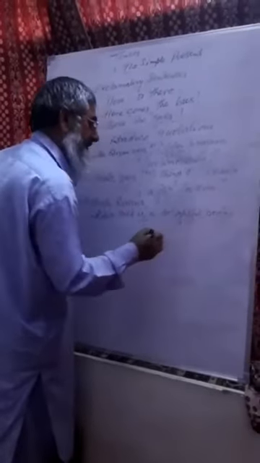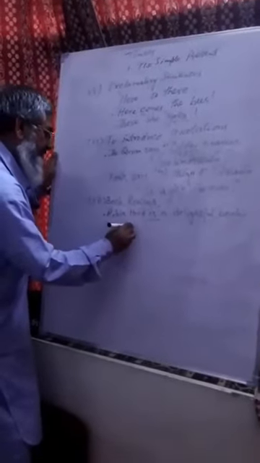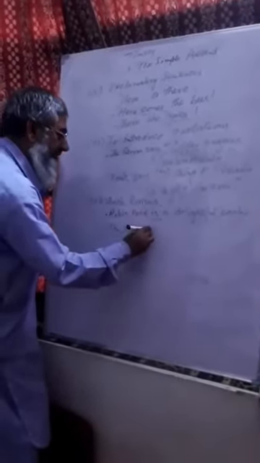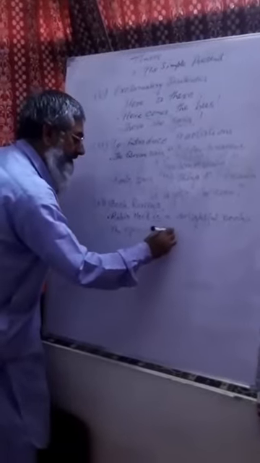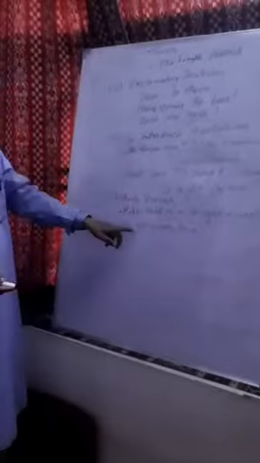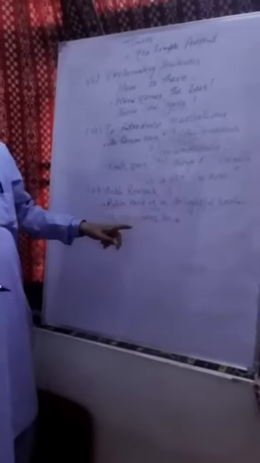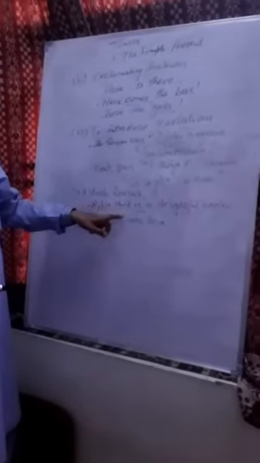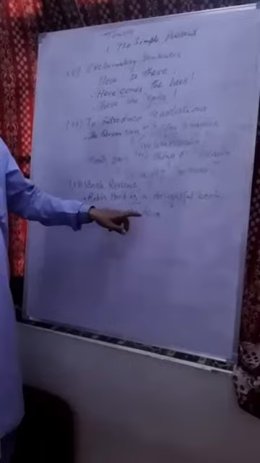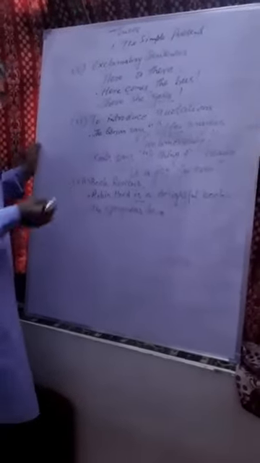The eponymous means the character with the name of the title, having the same name as the title. Robin Hood is the name of the book, and Robin Hood is the name of the protagonist here also. So, Robin Hood is a delightful book.